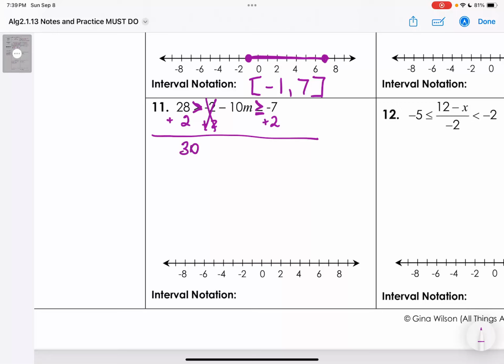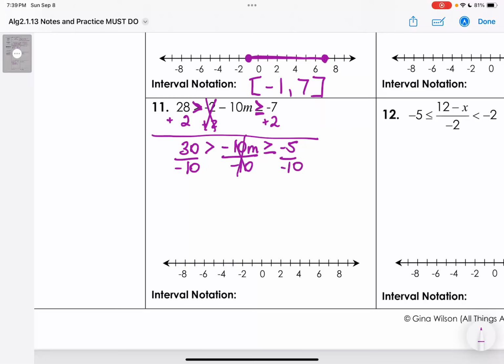So now I've got 30. So m is multiplied by -10, so I need to divide. And I have to do it those other 2 places.